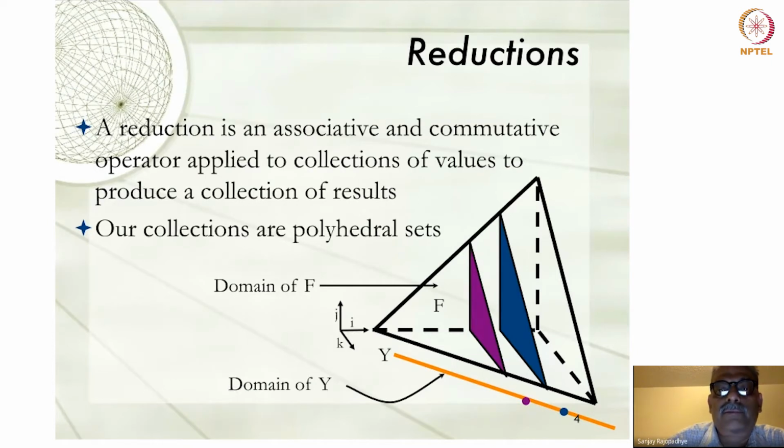What I am doing is combining all the points, all the values of f in this triangular slice. I'm combining them by some operator like max or addition to produce a single answer.